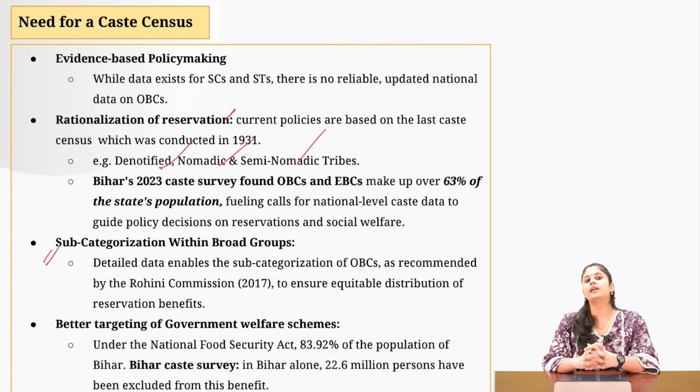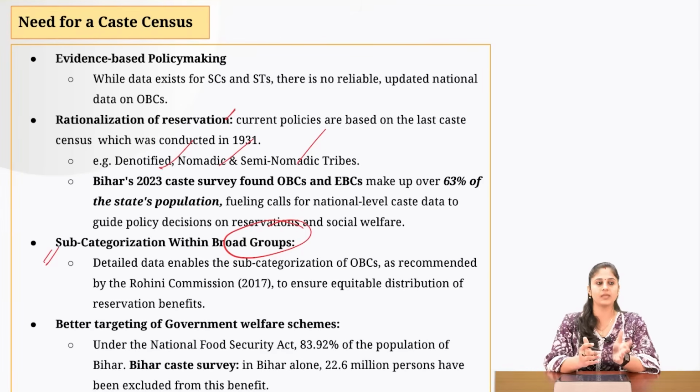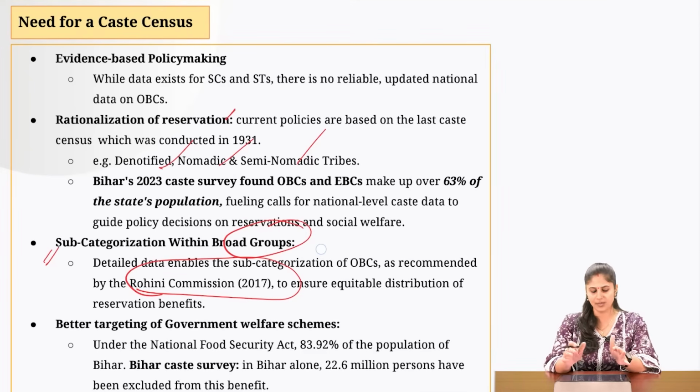Then, this is also in line with the sub-categorization, especially of the OBC castes. This is something which the Rohini Commission has also recommended, the commission which was set up to do the sub-categorization of the OBC castes, so that we can make sure that the reservation benefits given to the OBC castes in total are not taken away by only a minuscule section of the subcastes under the OBC. The reservation benefits should be more targeted, and based on the caste census data only, you will be able to rationalize the reservation quotas for different subcastes under the OBC category.